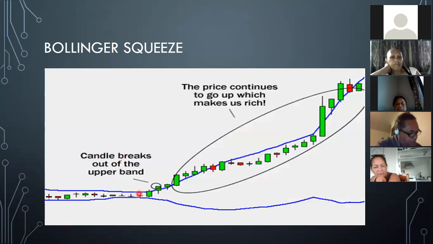But we're not going to buy there because we need to confirm this. This candle here is our confirmation candle. So our breach candle, then our confirmation candle. Once we've seen this, it's still sitting outside the upper band, it's moving in an uptrend, and it's a bullish green candle.